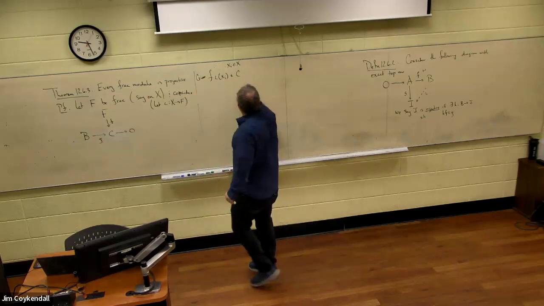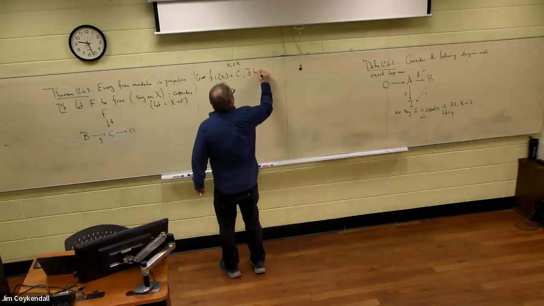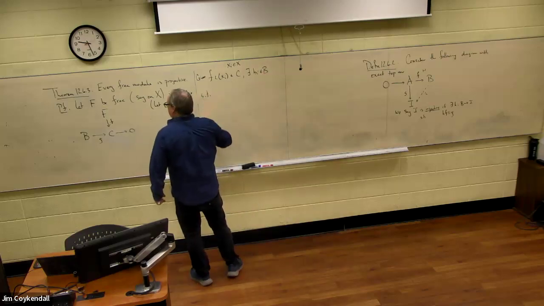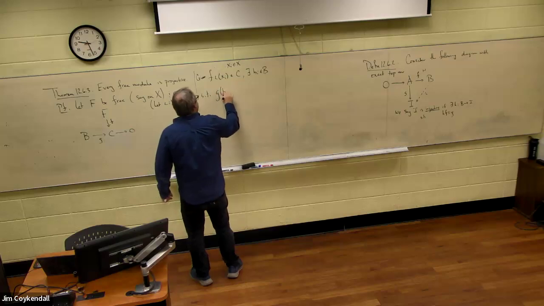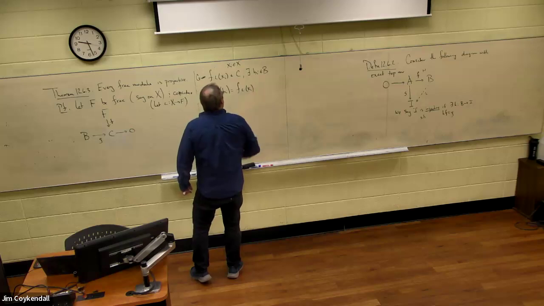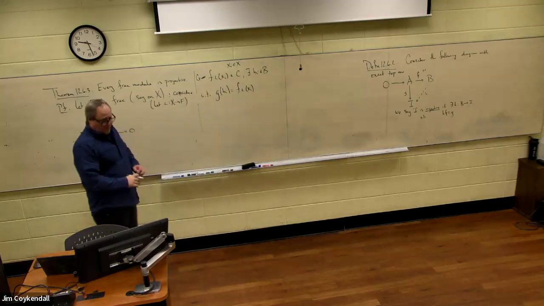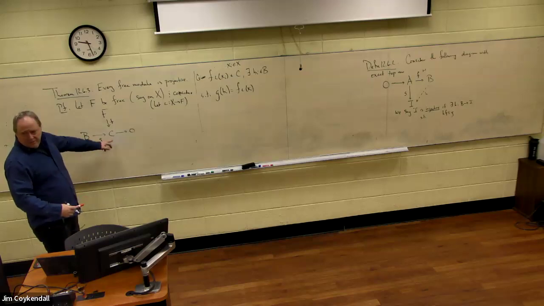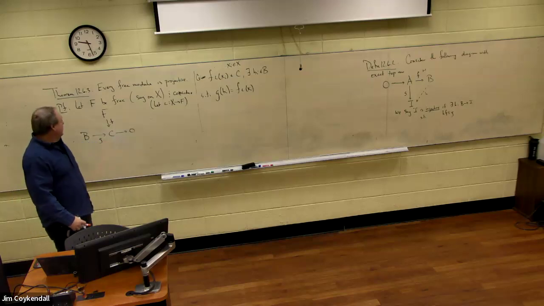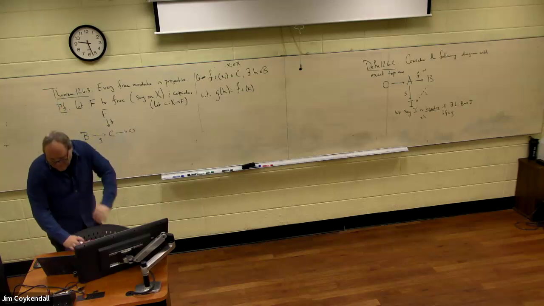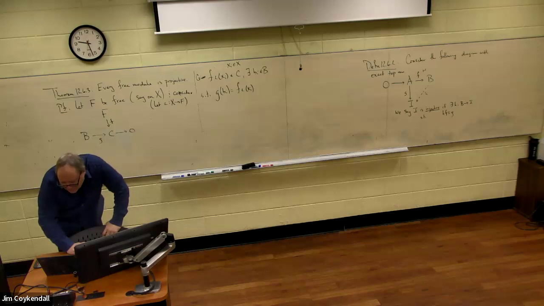There exists bi in B such that g of bi is equal to f iota xi. Right? And really what I'm doing here is I'm using the fact that this homomorphism here is onto. So no matter where this goes, there's something coming out of B that went to it.